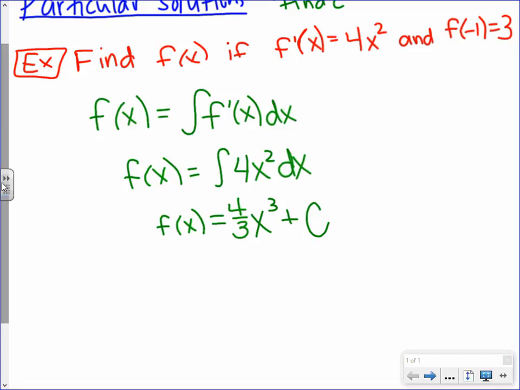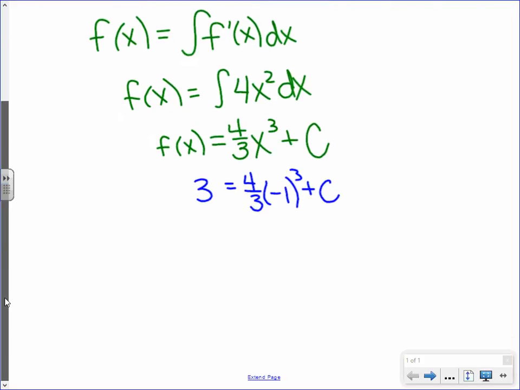So, if we plug a -1 in for x, we should get a function value of 3. Okay, so we have 3 equals -4/3 plus c.